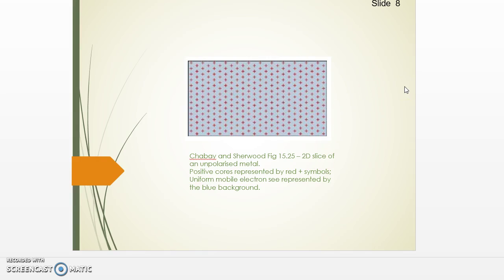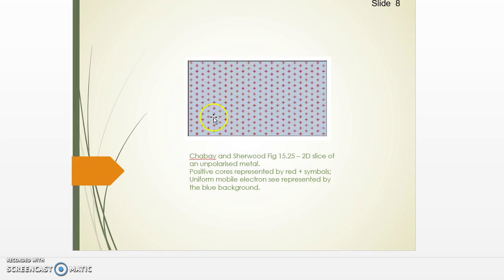Now here's Chauvet and Sherwood's idea for trying to display polarization in a metal. So in this case, the positive cores are represented by the plus signs. They don't use any symbols to represent the electrons. They use the colored background. So this does require color to be effective.